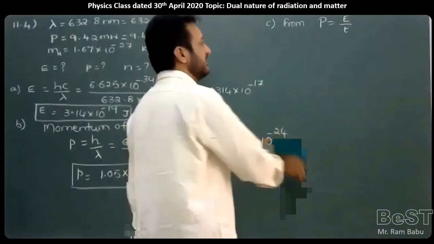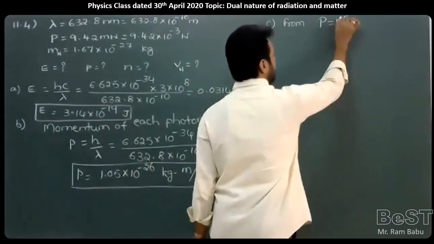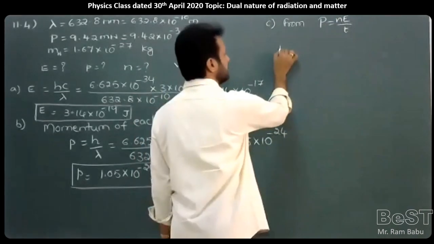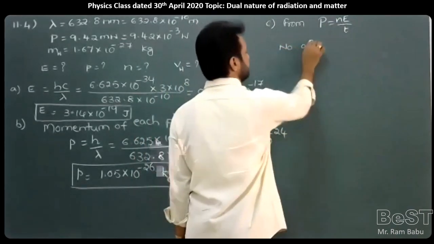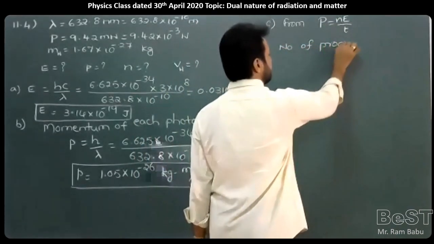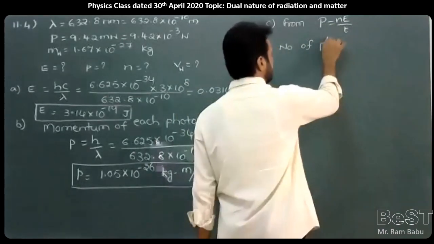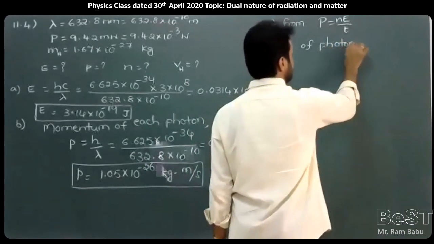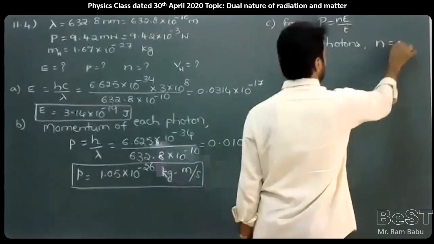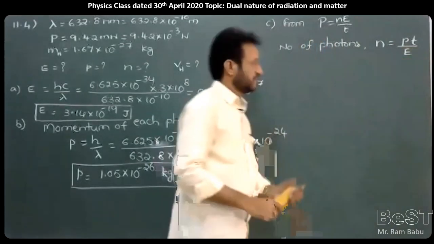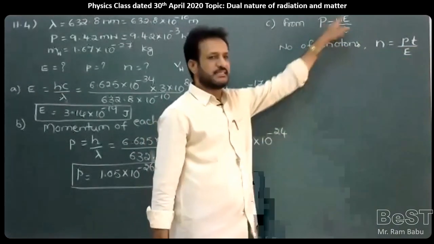For 1 photon, E by T. For n photons, we can write nE by T. From that, the number of photons produced or emitted, n is equal to P into T by E. Taking T to the left side, n is equal to Pt by E.